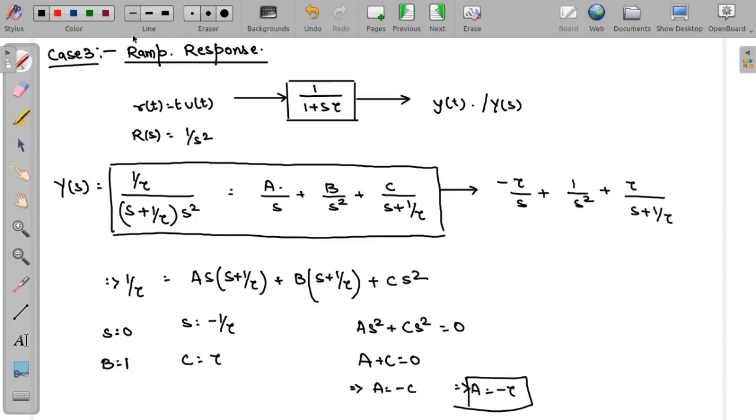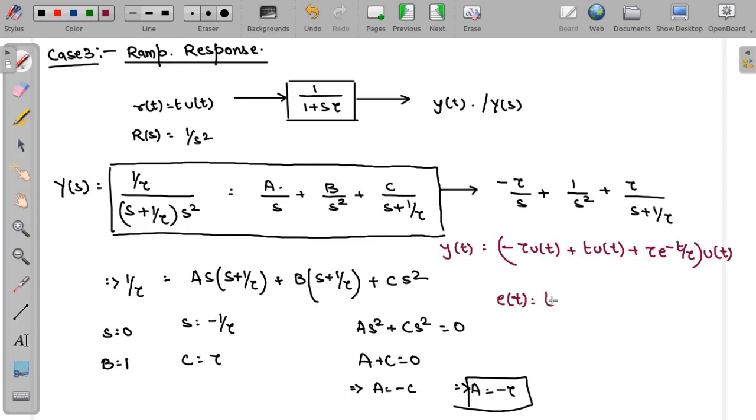Take the inverse Laplace, so this will be minus tau u(t) plus t u(t) plus tau e to the power minus t by tau u(t). So this is your y(t). Now if you want to calculate the error, e(t) will be equal to r(t) minus y(t).